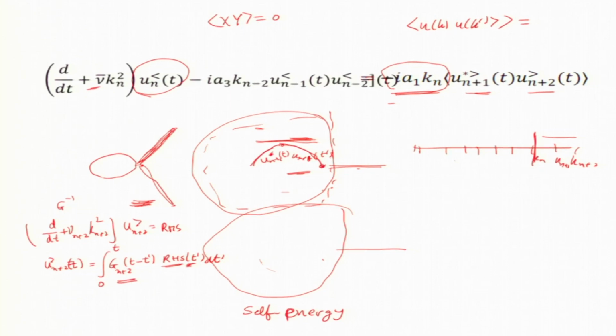How do you calculate effective viscosity from the direct numerical simulation? Oh, so that was what I said. I compute the correlation un plus 1 un t, un t prime. Okay, so I will go to that equation.